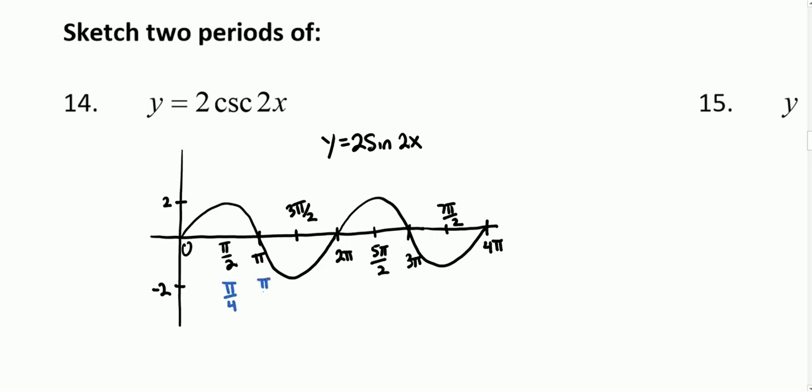This is pi over 2, 3 pi over 4, 2 pi over 2, which is pi, 5 pi over 4, 3 pi over 2, cutting all these in half, 7 pi over 4, and 2 pi.